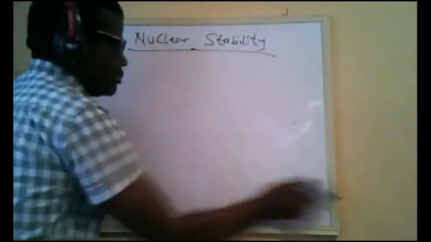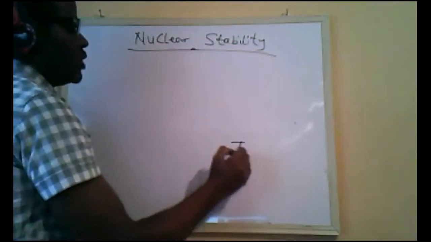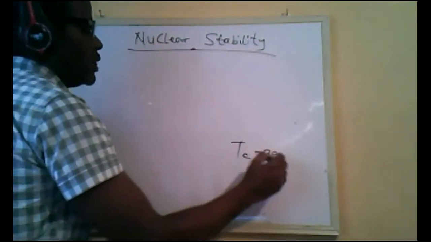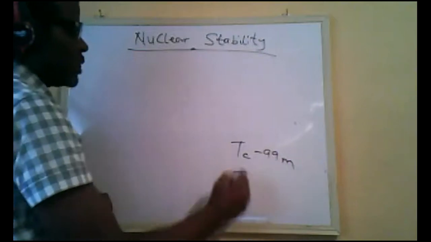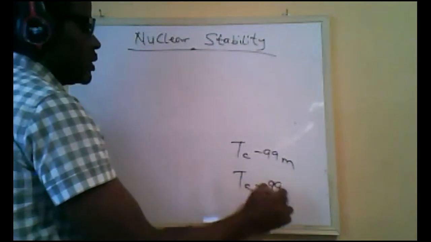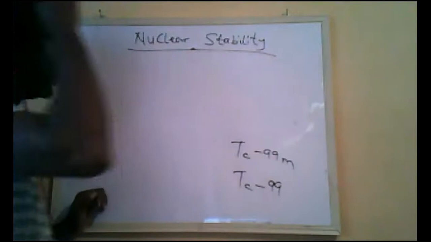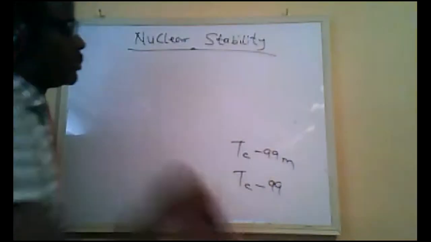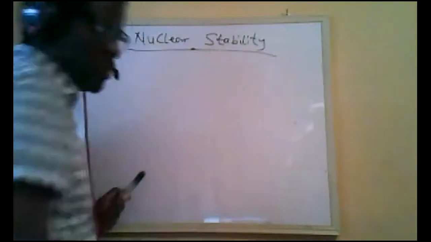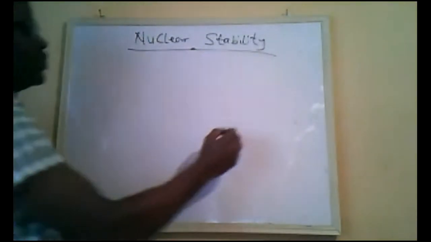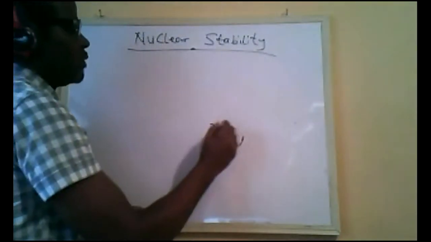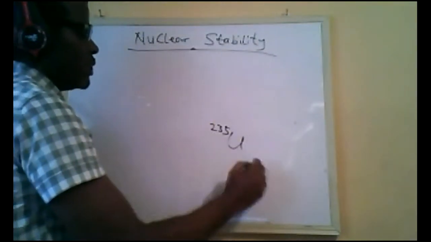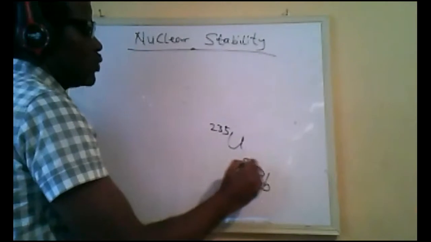Why is technetium 99m not stable, whereas technetium 99 is stable? Well, this is not a very good example. Why is uranium 235 unstable, whereas lead 82 is stable?